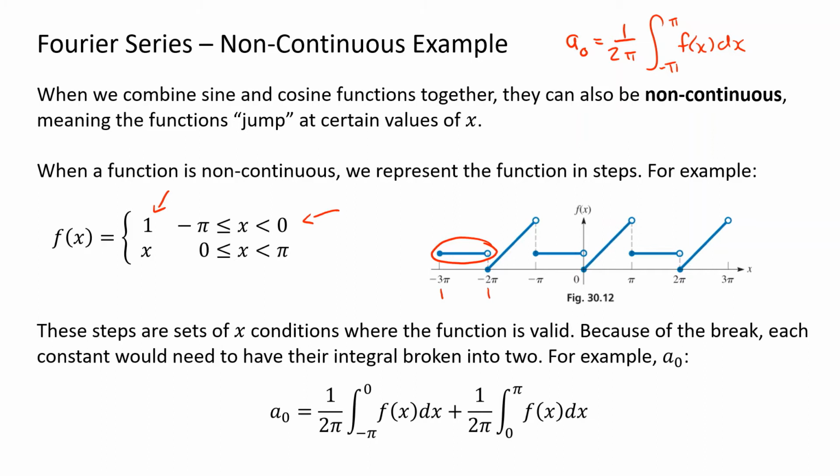It's a horizontal line. But the circle here is not filled in. The reason it's not filled in there is because it's not valid when it's 0. It's less than 0, not less than or equal to. After 0, including 0 all the way up to pi, the function's equal to x.